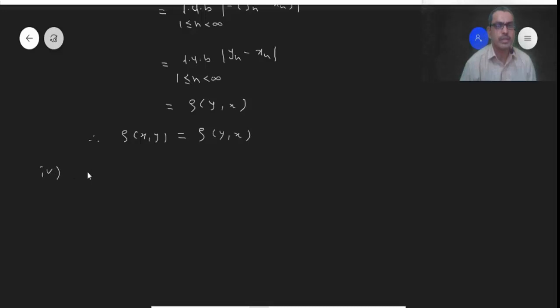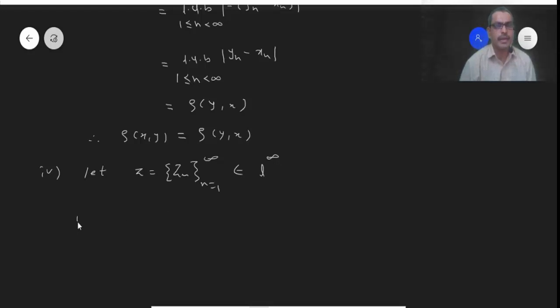For the fourth condition, let z, that is the sequence zn, n from 1 to infinity, belong to L infinity.